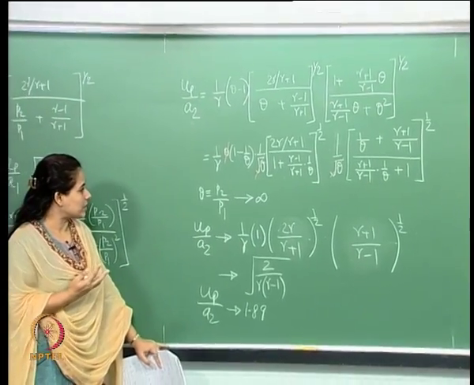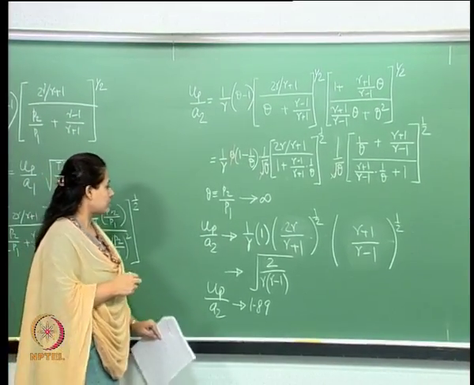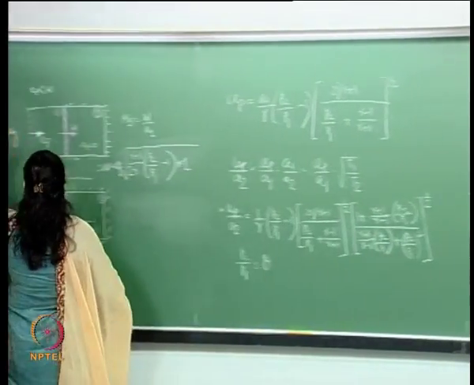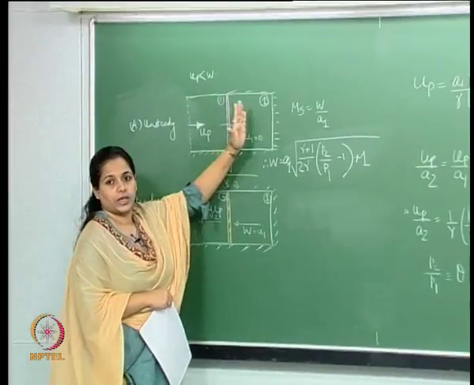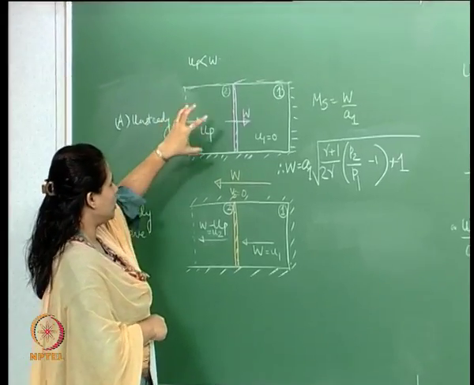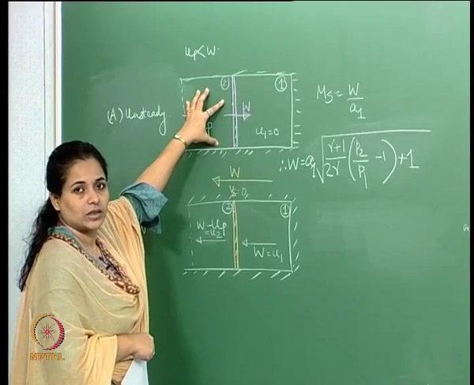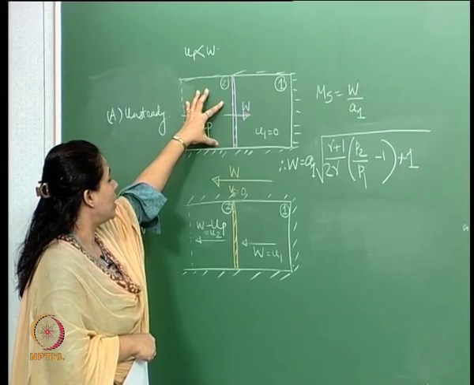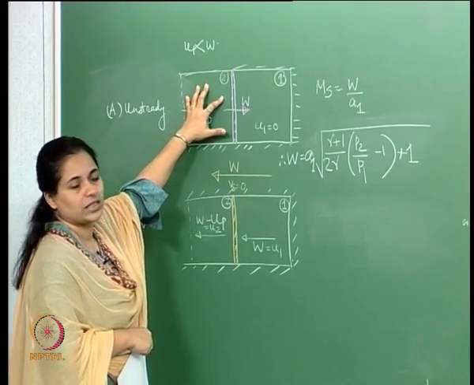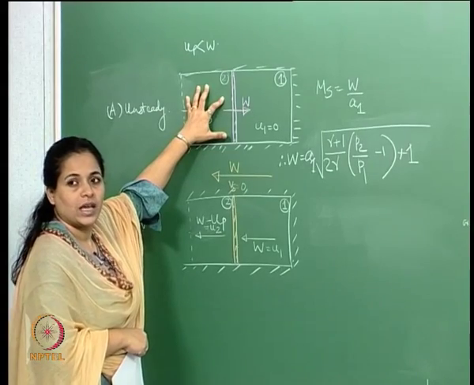So what this tells us is that if we have an infinitely large shock which is propagating, then the velocity which is induced in the dry section reaches a maximum of around 1.89.